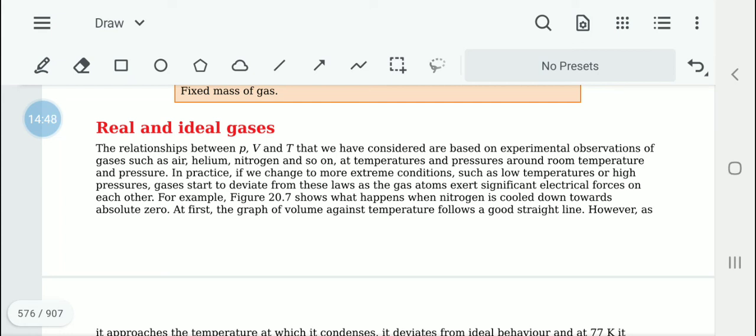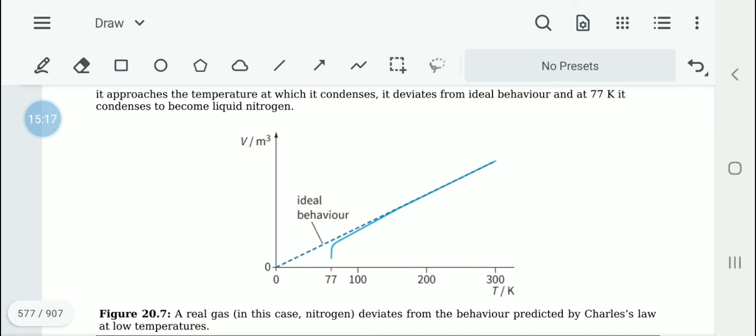However, in practice, this might not be the case. Below graph shows what happens to nitrogen when it is cooled down towards absolute zero. Then please pause the video and draw this.